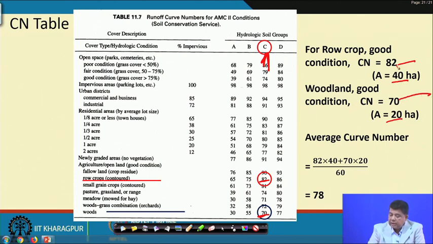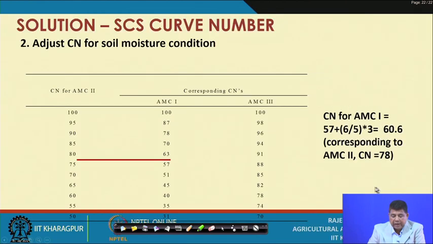So, 82 times 40, 70 times 20, divided by total area will give us the curve number for AMC 2 condition, that is 78. And now we have to find the corresponding value for AMC 1, and in the table we see that we have 75 and 80.